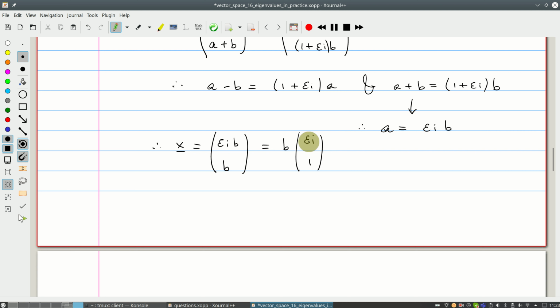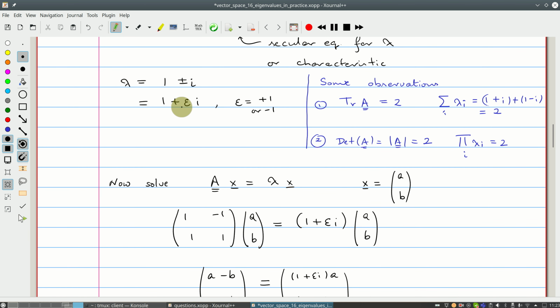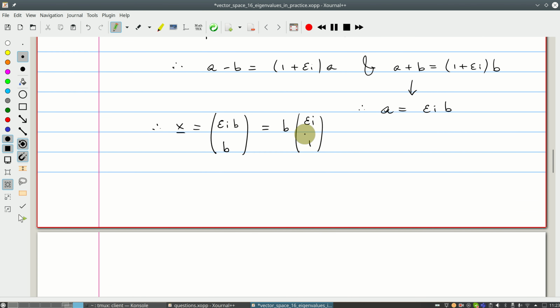So we'll leave it as it is for now, but just keep in mind that there are two of these X's, it's not one. When you put epsilon equal to +1 here, that corresponds to the eigenvalue lambda equal to 1 plus i, and if I put epsilon equal to -1, then that corresponds to the eigenvalue 1 minus i, and then we'll get the second of the eigenvectors.